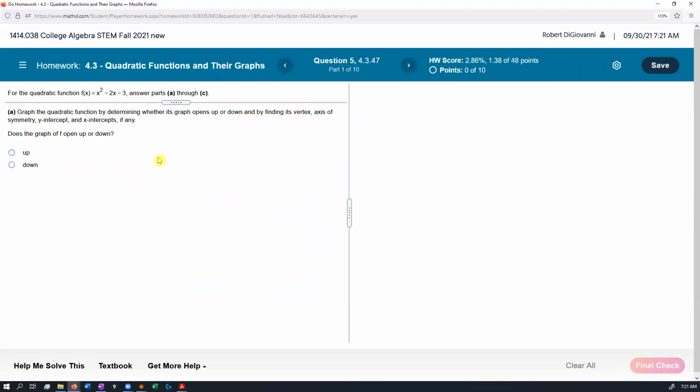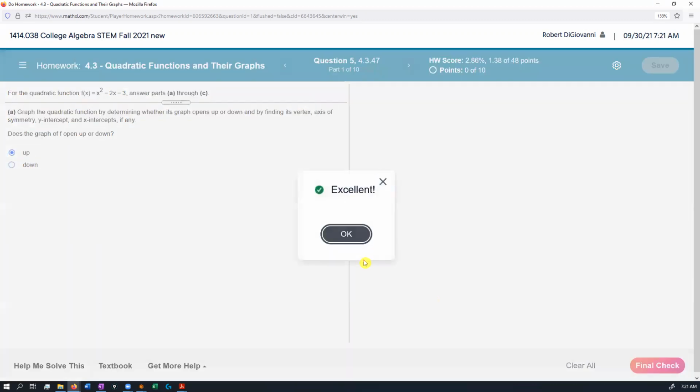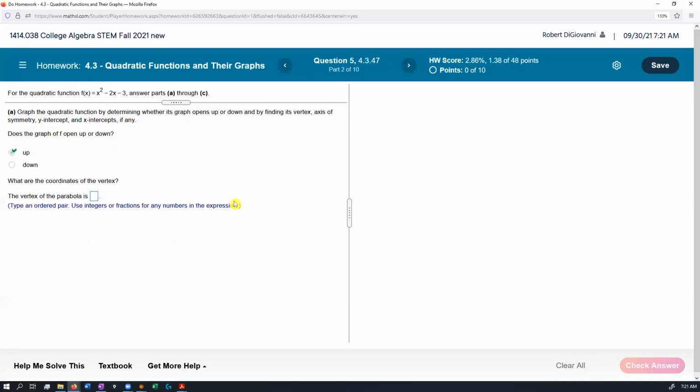Okay. So for the quadratic function, determine whether the graph opens up or down. It's up. Check. What is the vertex? So we need to find the vertex of this. Again, we've done this enough. H should be -b over 2a, which is 2 over 2 times 1, which is 1.